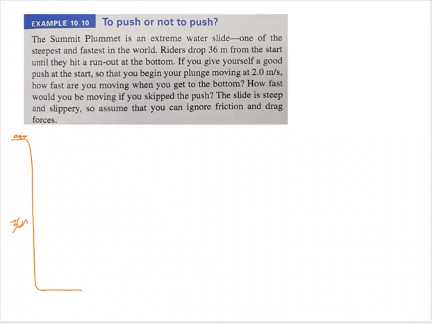Okay, so we give ourselves a good push, and we're starting the plunge at 2 meters per second. So what does that tell us? That's our initial velocity. So v initial is 2.0 meters per second. Also, we know that our y initial is 36 meters.